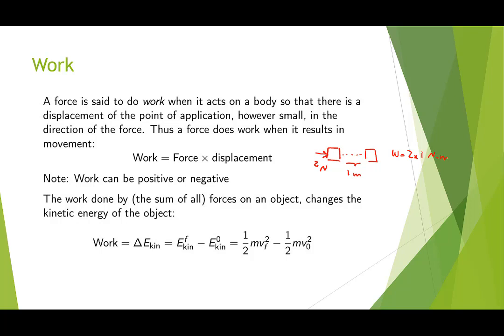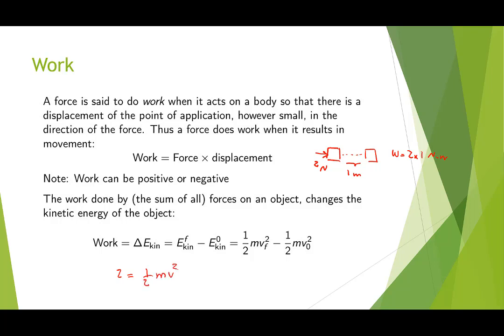Work can be positive or negative. If I move this object in a reverse direction, then it would be negative. And potentially, work is a term of energy and can be related to kinetic energy of the object. For instance, if I apply this force to this object, the work done is 2. It's also equal to the change in the kinetic energy of the object.